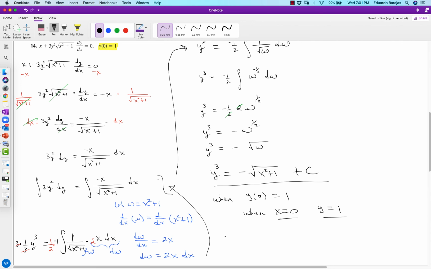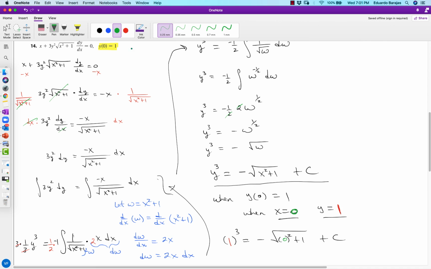So we get blank cubed equals negative square root of blank squared plus 1 plus c. So I'm going to replace my y values with a 1 from here, and I'm going to replace the x value with a 0 from there.